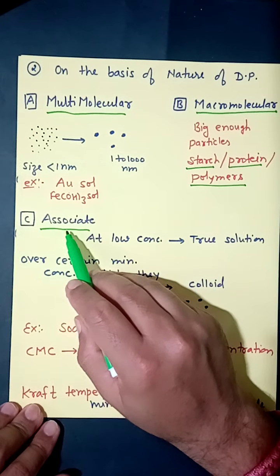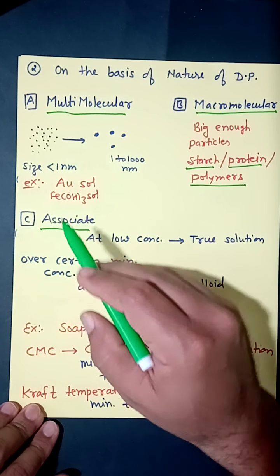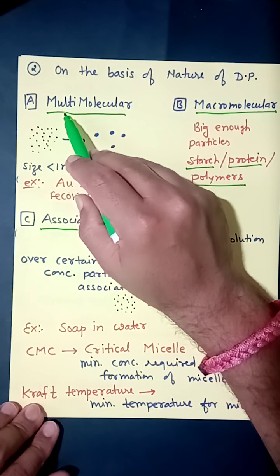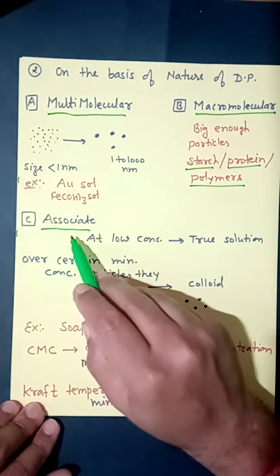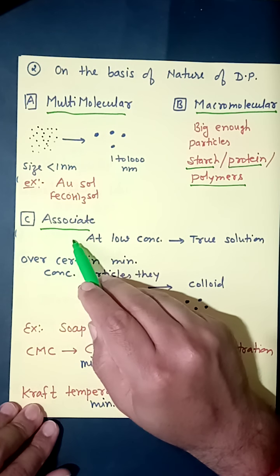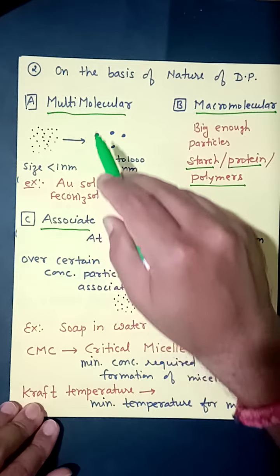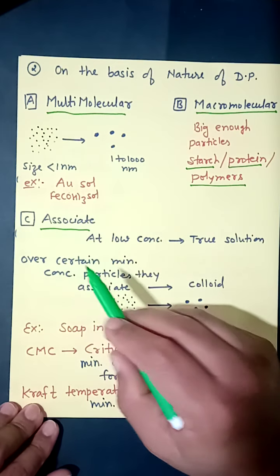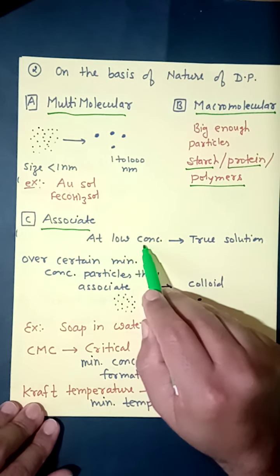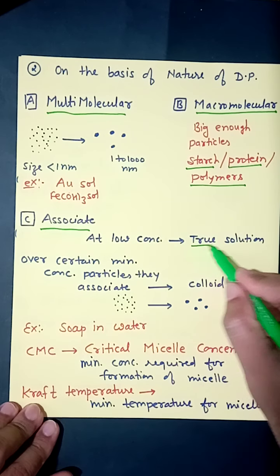The third is associated colloid. Now, multimolecular means particles aggregate. Associated means again particles aggregate. But the difference between multimolecular and associated is that here at low concentration it behaves like a true solution.